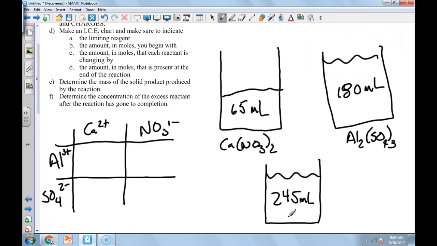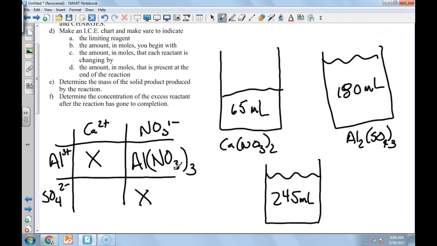Now these things are floating around in solution, and so we need to know that the positives aren't going to attract to each other. Remember, opposites attract. So these two aren't going to come together, and then the negatives aren't going to come together. What we're going to end up having is aluminum nitrate, Al(NO3)3.